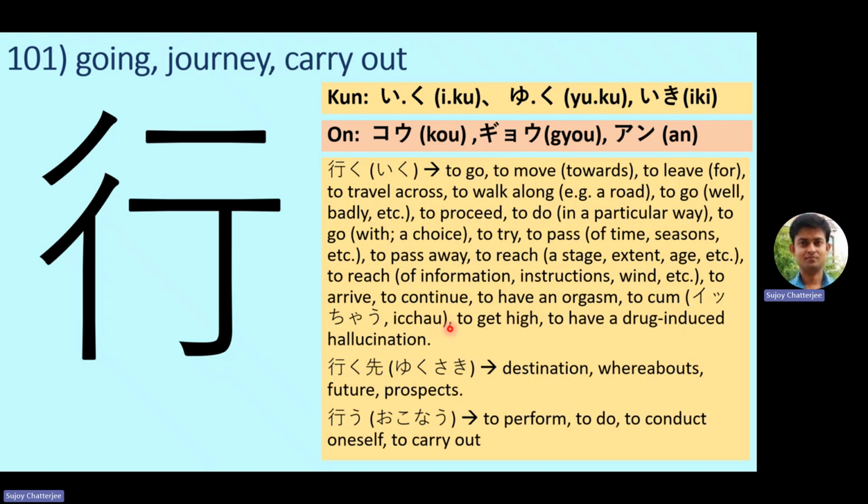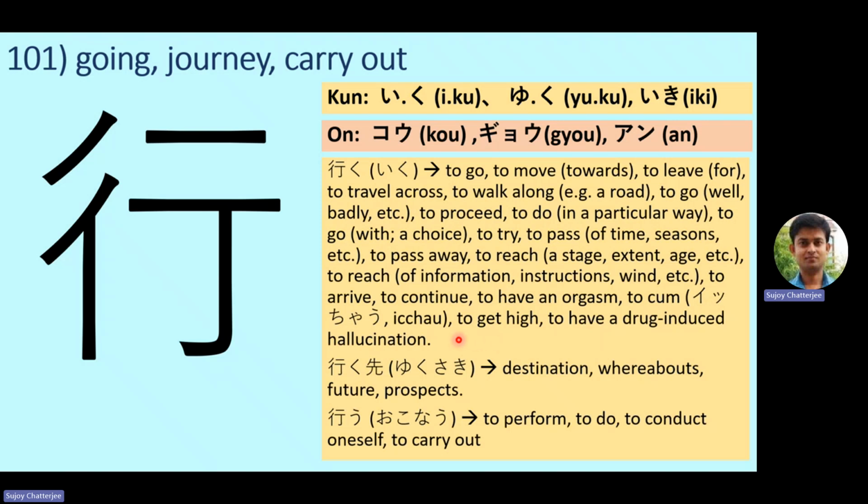Also it is used to represent to get high, to have a drug-induced hallucination. That means when someone is taking drugs and is going very high, reaching the climax of the addiction, this character is also used. Everything here means to go somewhere, to reach somewhere.